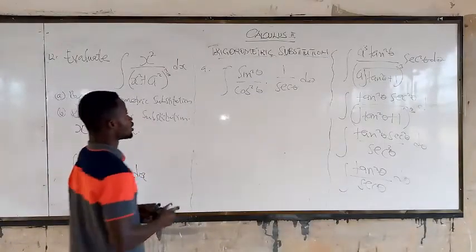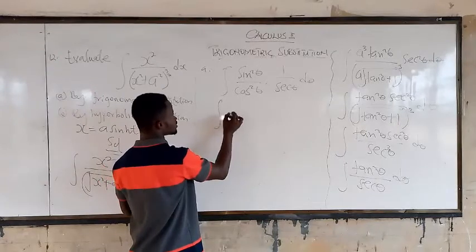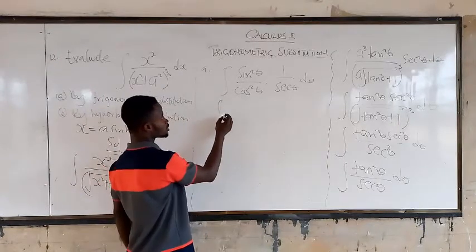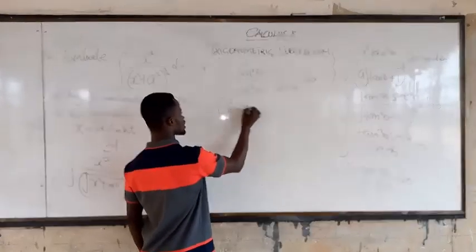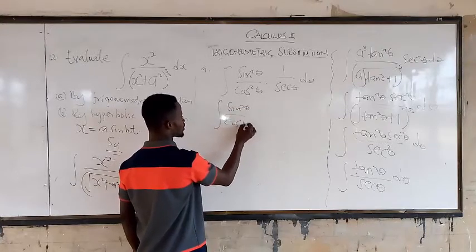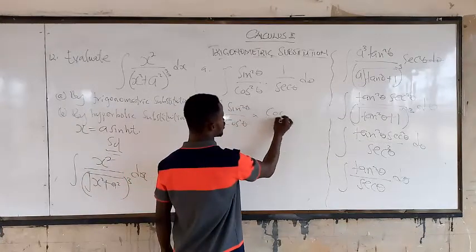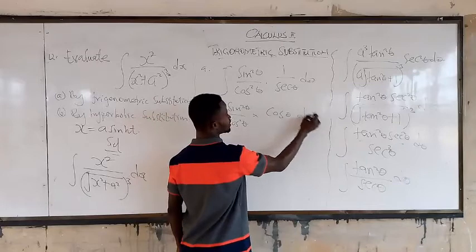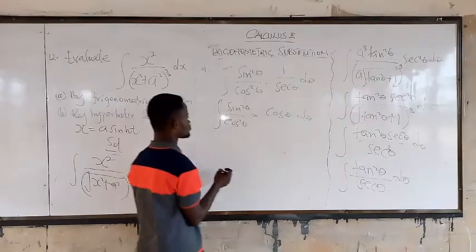This is going to give us sin squared theta over cos squared theta times cos theta d theta, using the reciprocal identity.